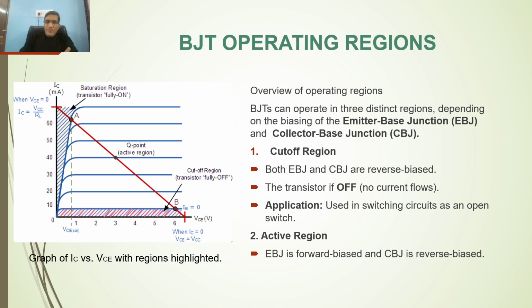The flat part of the curve, or in other words, the line which is parallel to the x-axis, shows that the collector current remains constant with increase in the VCE. VCE means collector to emitter voltage. What does this mean? It means that when we increase the collector to emitter voltage, the collector current is totally independent.